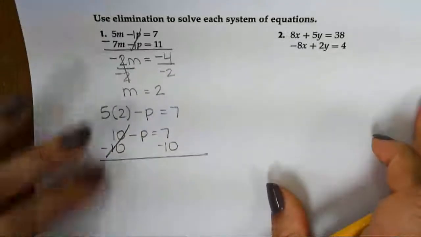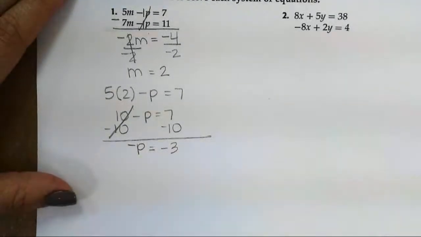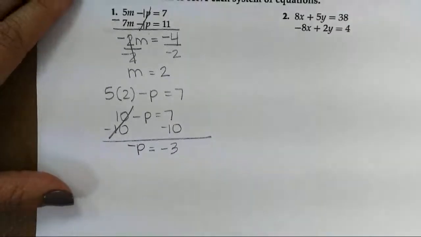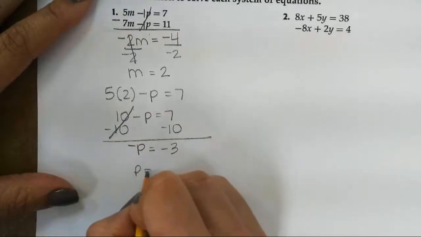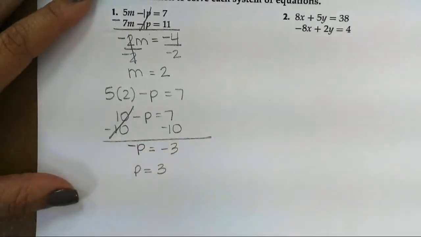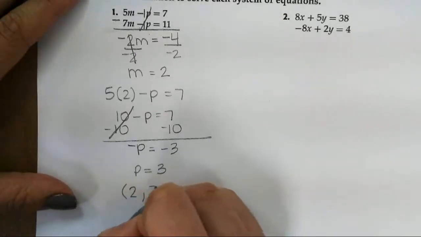So I have a negative p is equal to negative 3. Divide both sides by negative 1 or multiply both sides by negative 1, however you like. You just got to cancel out that negative. So you have p equals positive 3. So again, alphabetically, you have m first, then p.